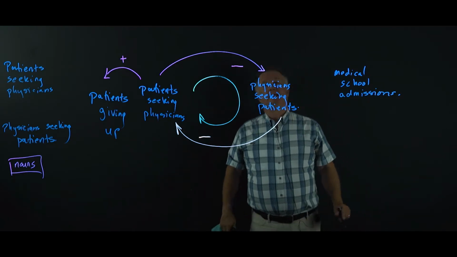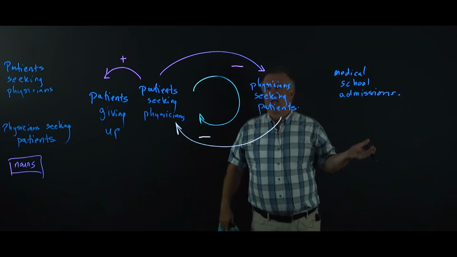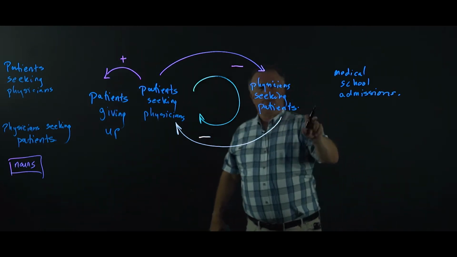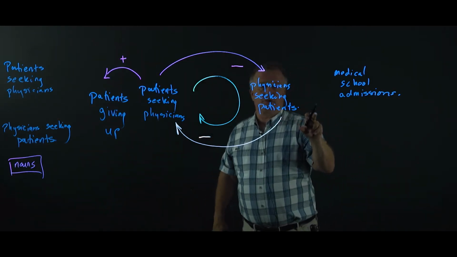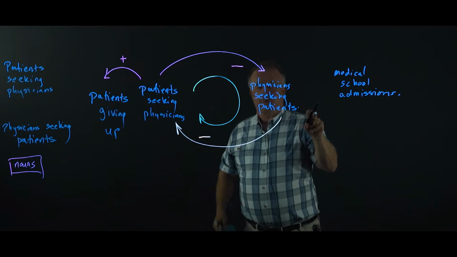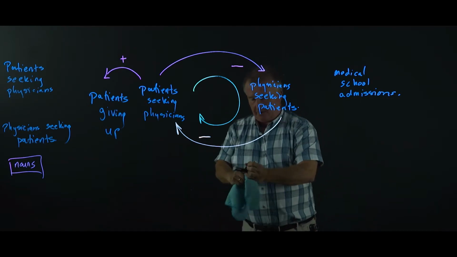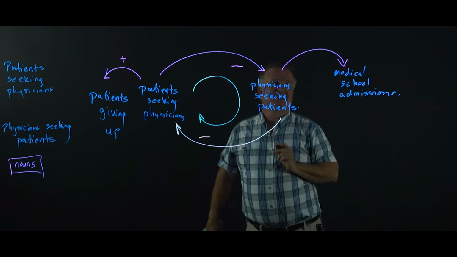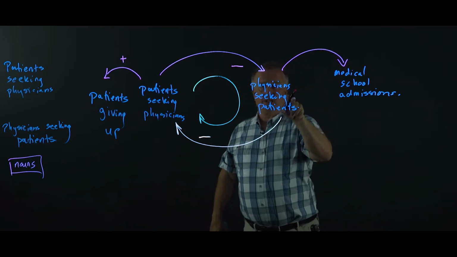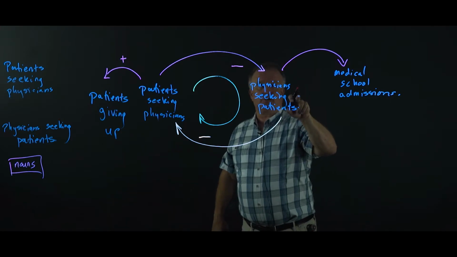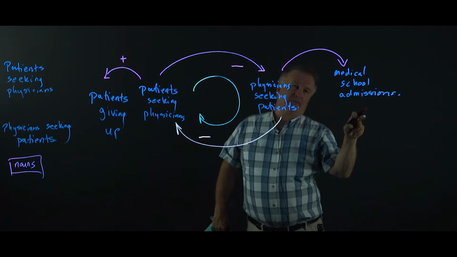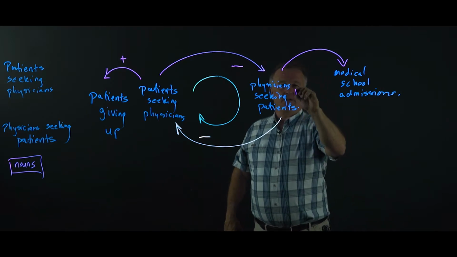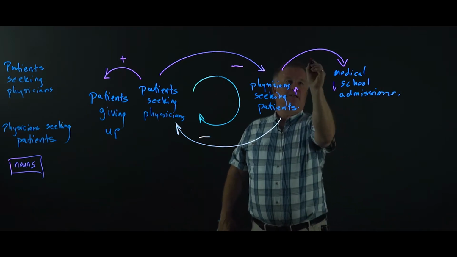And so one way you could build this diagram out might be to say, if we have more physicians seeking patients, the province might say, okay, that means there's too many physicians. So we might have this loop like so. And so if the number of physicians seeking patients goes up, we're going to drop the med school admissions because we've got too many doctors. And so this goes up, that goes down, that's a negative sign.